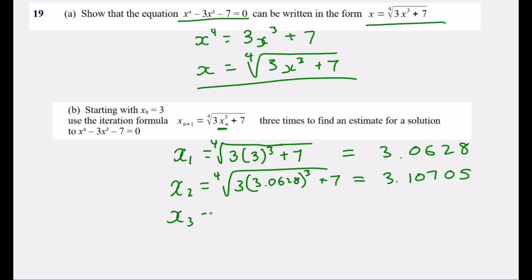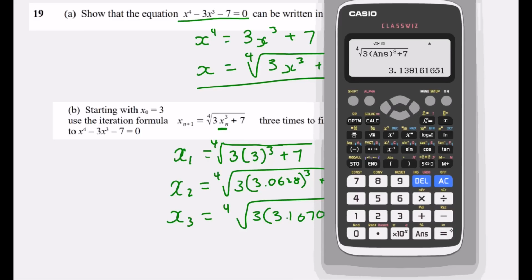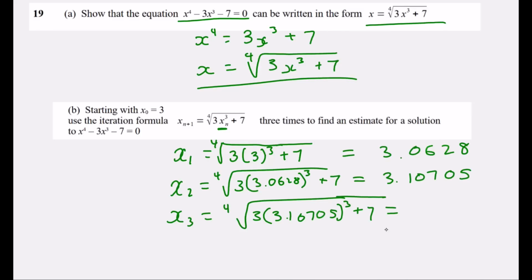And then again, I want 3 times 3.10705 cubed plus 7 this time. But again, I can just use my answer button, 3.13816. And that is my answer.